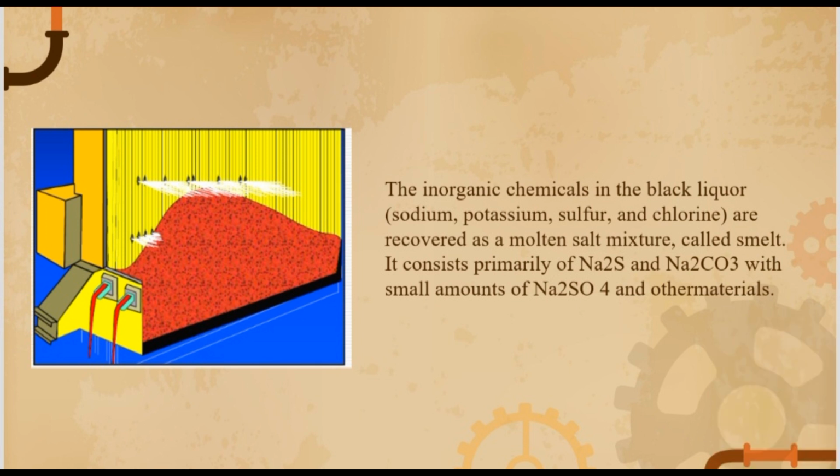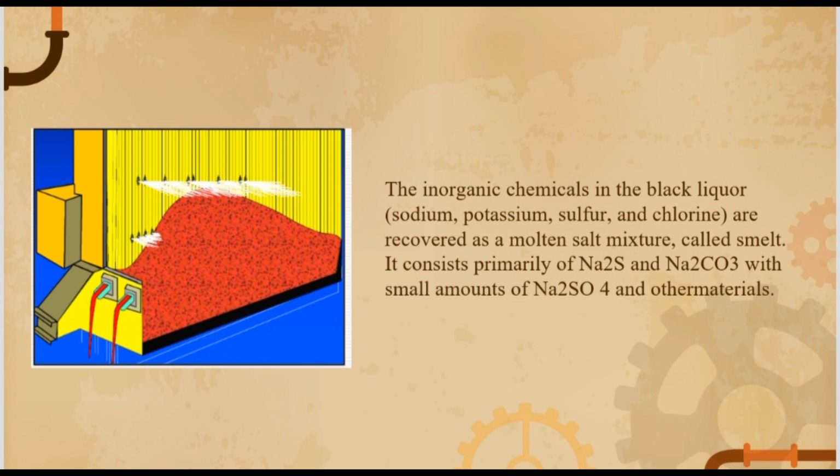Now I want to continue presenting about inorganic chemical recovery in the process stage of the steam boiler. The inorganic chemicals in the black liquor are recovered as a molten salt mixture called smelt. It consists primarily of sodium sulfate and sodium carbonate with small amounts of sodium sulfide.